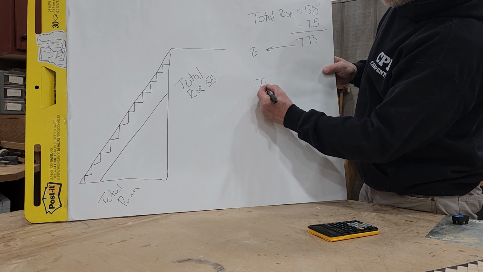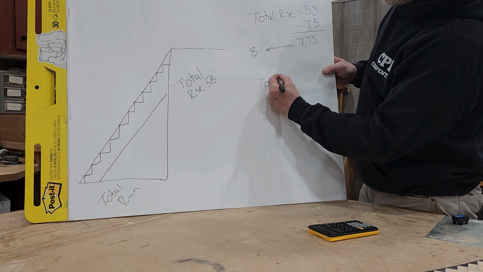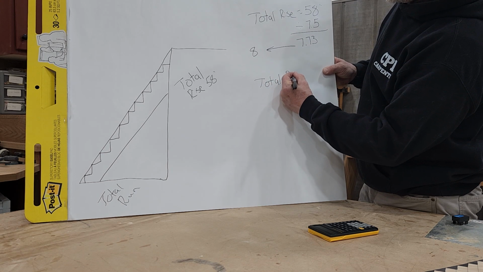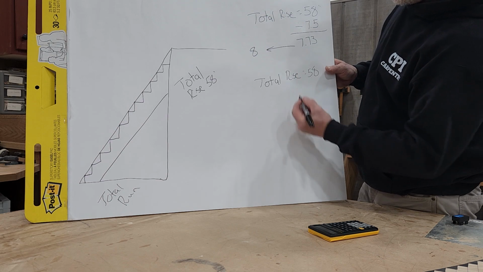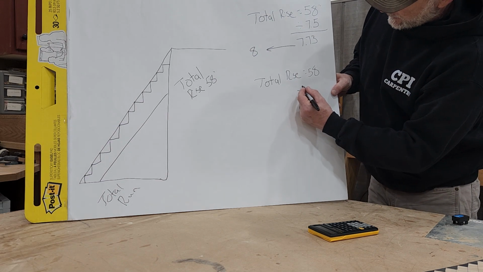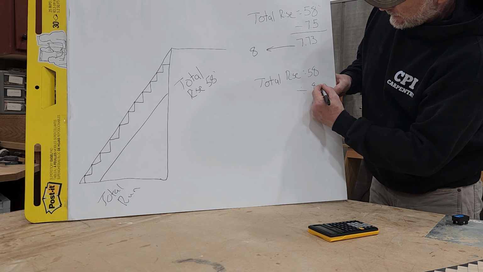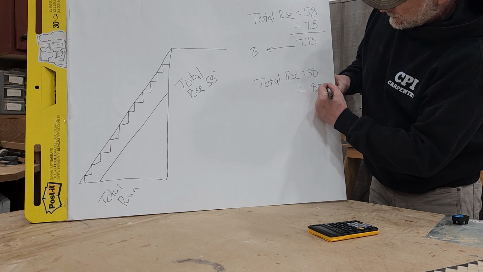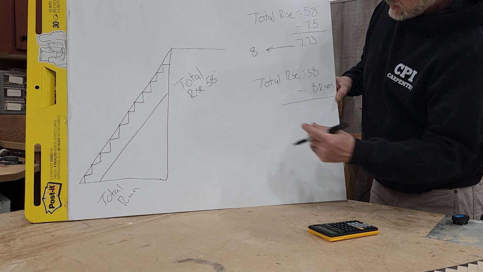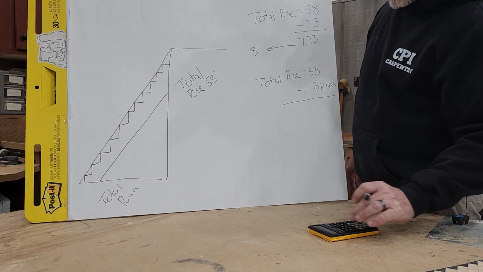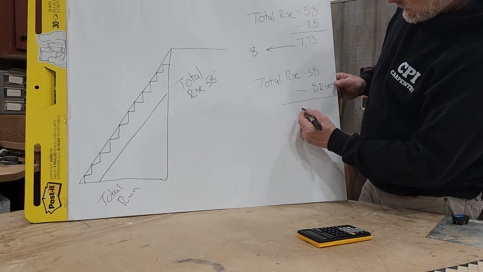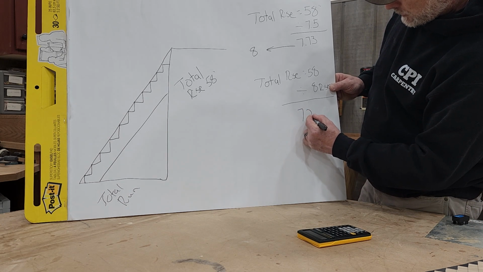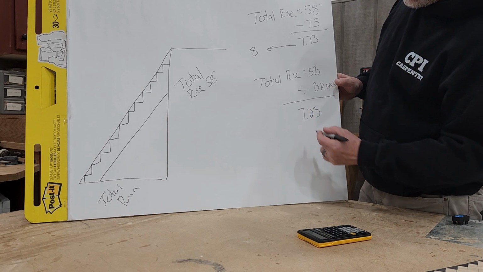Now I will come back to my total rise of 58 inches and divide that by 8 risers. That equals 7.25.